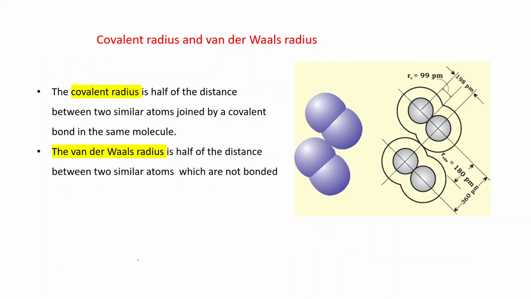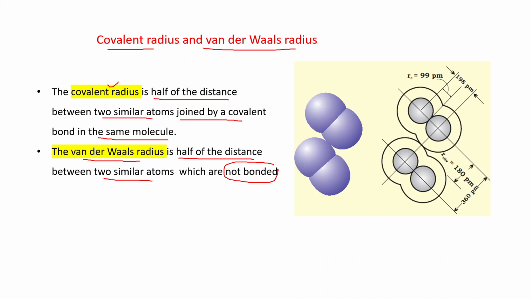Now let us see what is covalent radius and van der Waals radius. The covalent radius is half of the distance between two similar atoms joined by a covalent bond in the same molecule, and the van der Waals radius is half of the distance between two similar atoms which are not bonded.